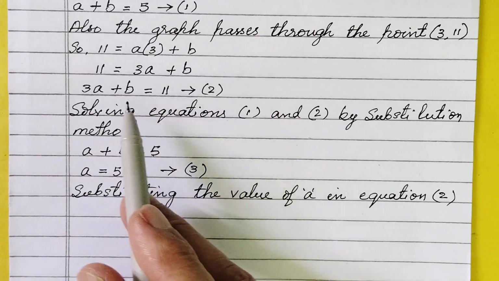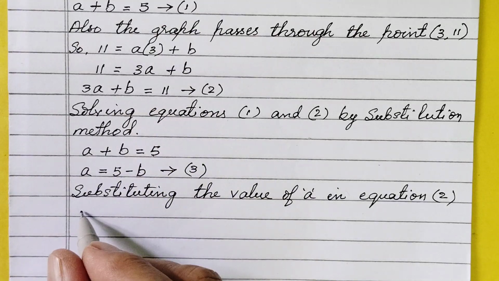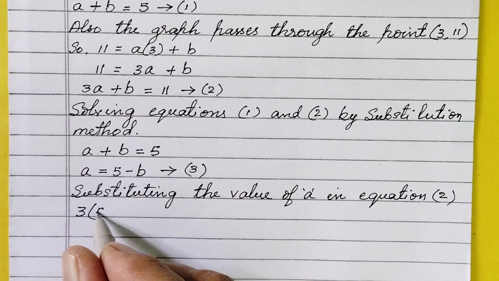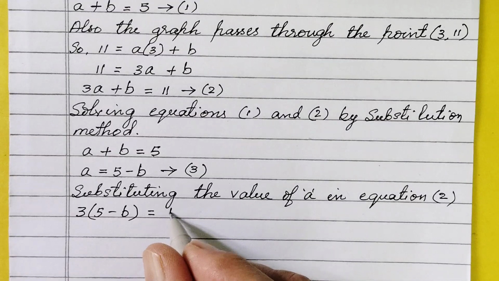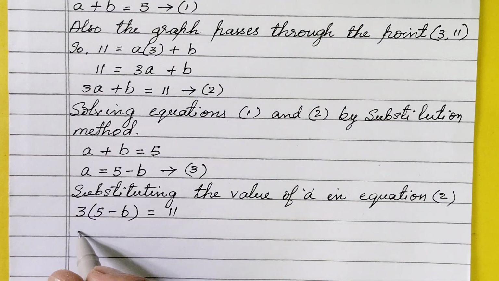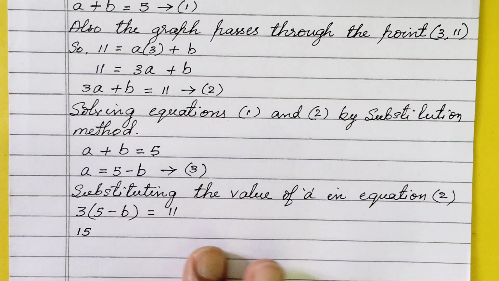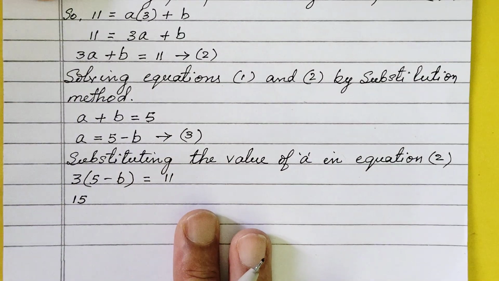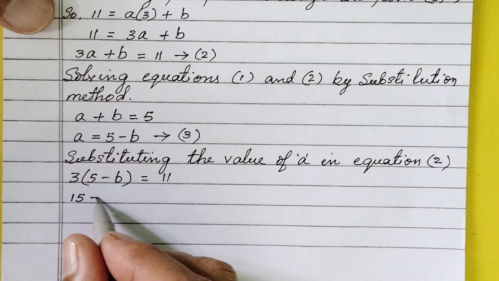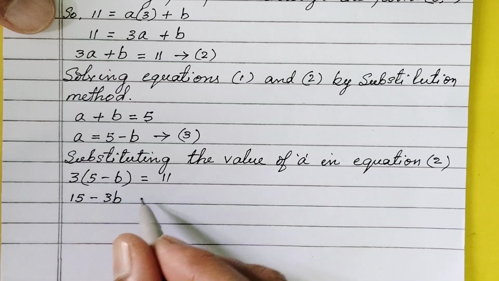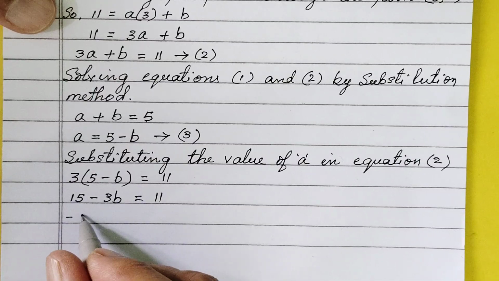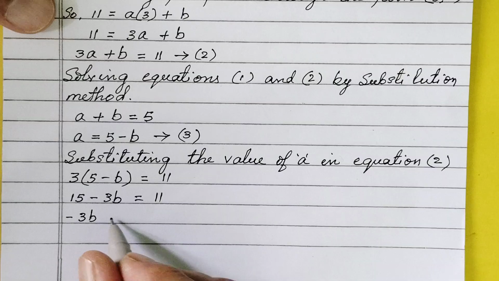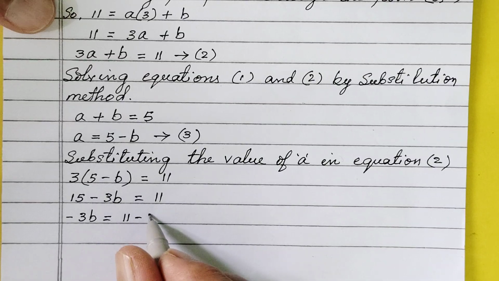So we'll put the value of a as 5 minus b. So it will be 3 into (5 minus b) equal to 11. So 3 fives are 15, minus 3b equal to 11.